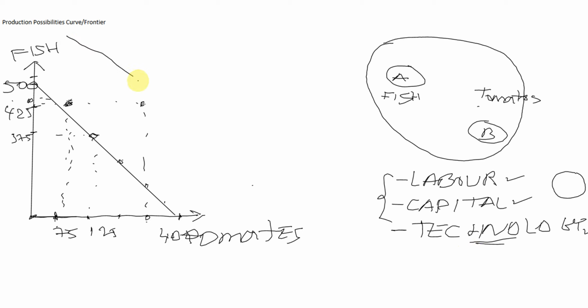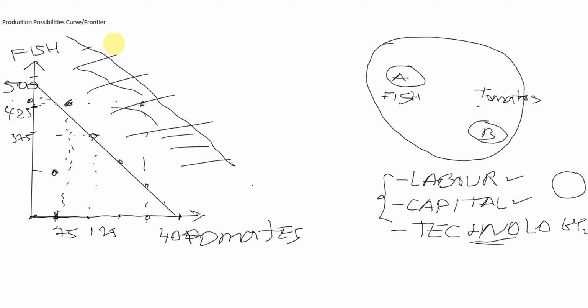Within the area, this point, for example, can be produced. At this point, we can produce that much of fish and this much of tomatoes. That's possible. Anything under the line here is possible, but anything beyond this line, in this area, is not possible because of the limits that we face.